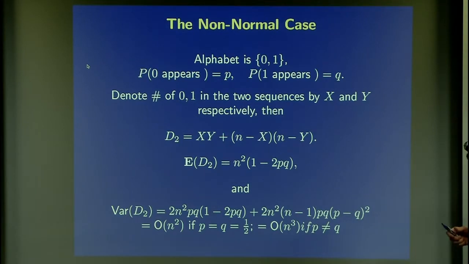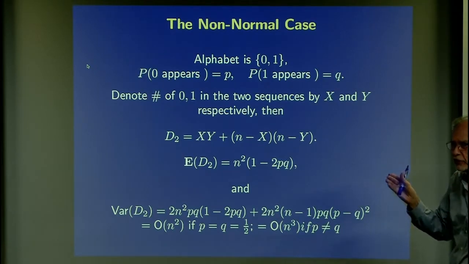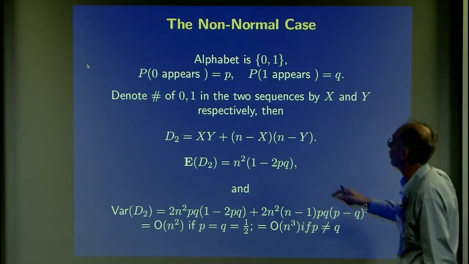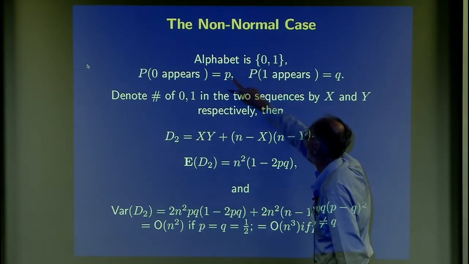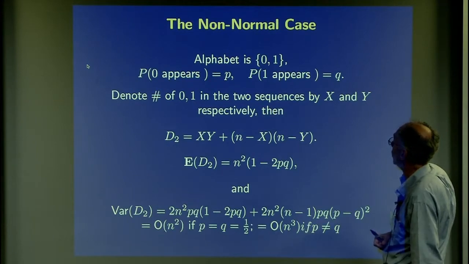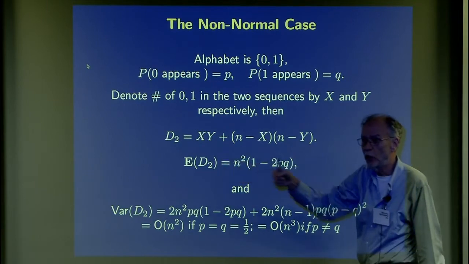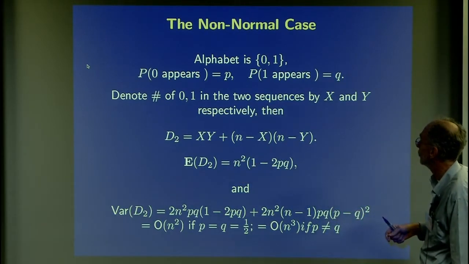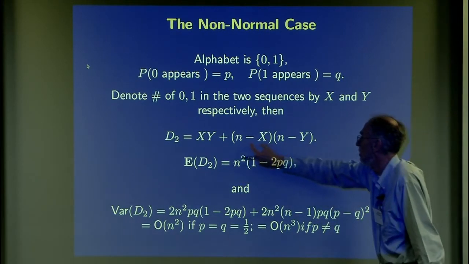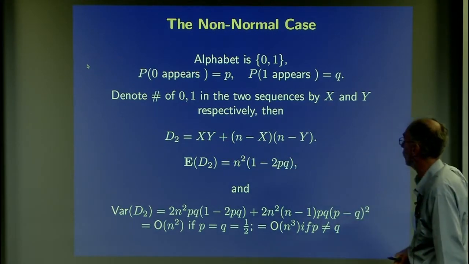So here's the simplest possible example. You could look at this. We take 1-letter words, so there's none of this overlap nonsense troubling us. 1-letter words, 2-letter alphabet, and the D2 would just be count the number of zeros in one sequence times the number of zeros in the other sequence. And if x is the number of zeros in the first sequence, n minus x is the number of ones.